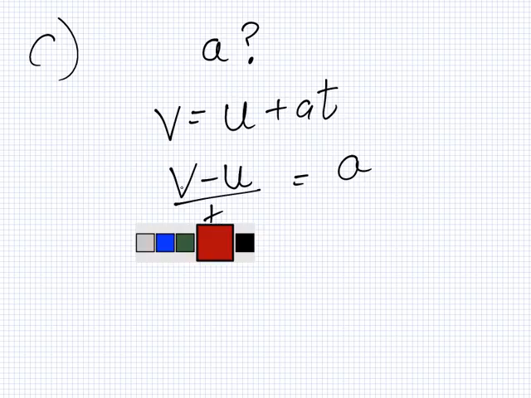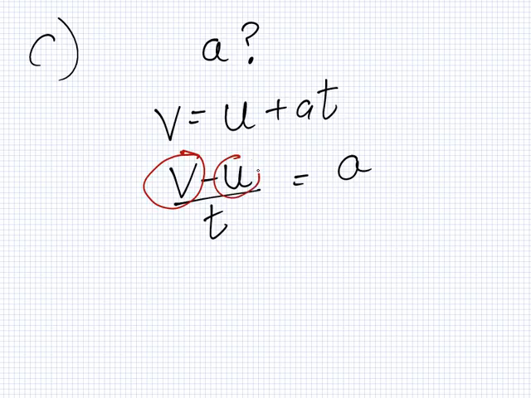Now, you know what the unit for V is, yes? And you know what the unit for U is. And you know they should be the same unit, which they are. And when you subtract them, the unit is still the same. So what is the unit here? It's meters per second, or in other words, length per time. What's the unit here?